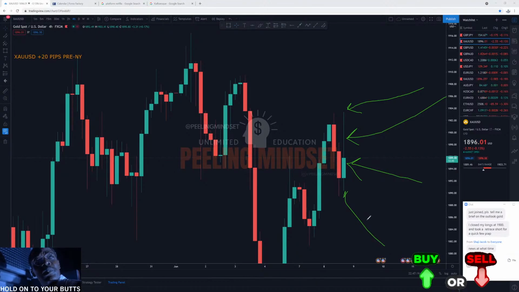Maybe I have seen this candle sometimes, and that could add up to my experience. Now you have seen this candle. You have seen this guy named Peeling Mindset on YouTube talking about this idea. Now you are experienced in the market in a way that, at the time of the higher time frame candle close, you could see heavy retracement. You could see heavy push.